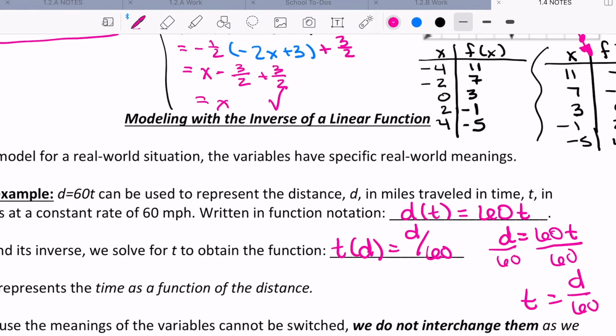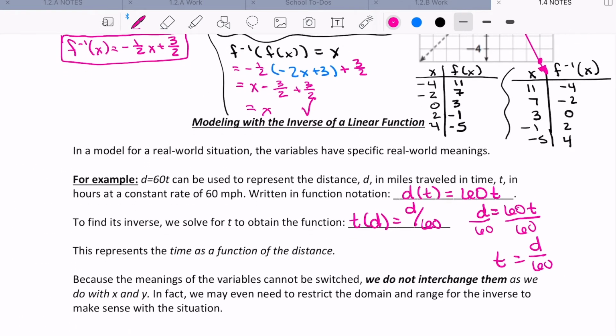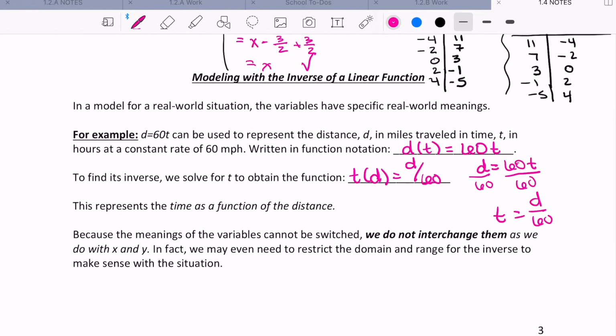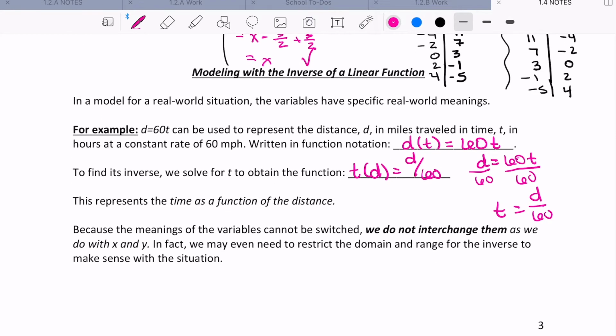So this represents the time as a function of distance. Because the meanings of the variables cannot be switched, we do not interchange them as we do with x and y. In fact, we may even need to restrict the domain and range for the inverse to make sense with the situation.